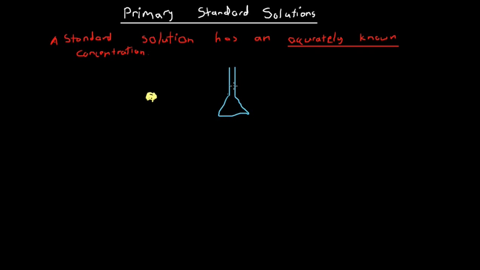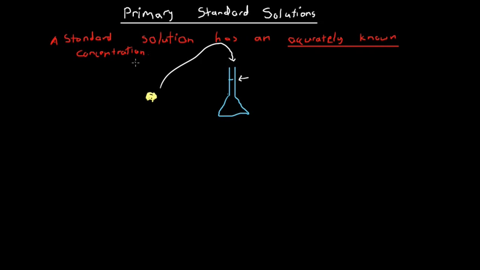It's a rough picture of a volumetric flask. All we do to create a primary standard solution is get this substance, put it in a flask, and fill the flask up to this line here, so that we know exactly how much solution is in there. Then we dissolve it all up, shake it all up, and we have an accurately known concentration.